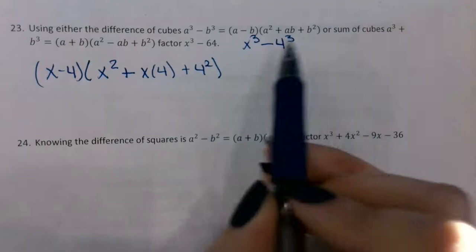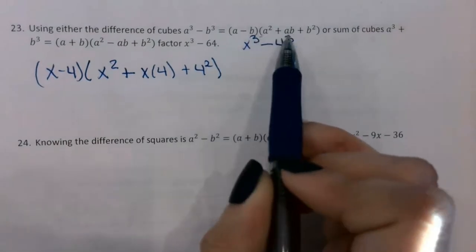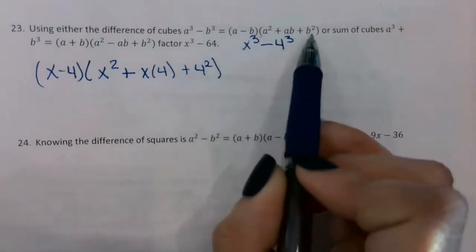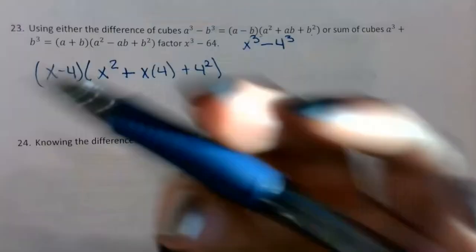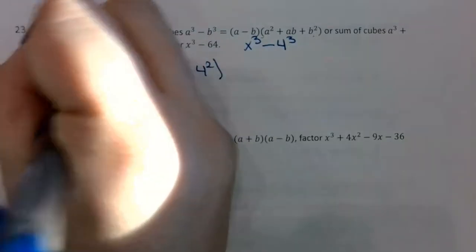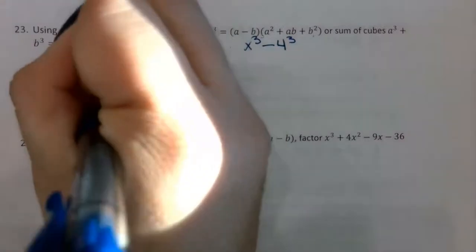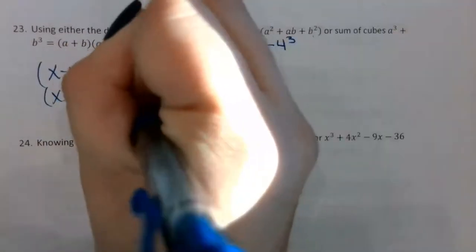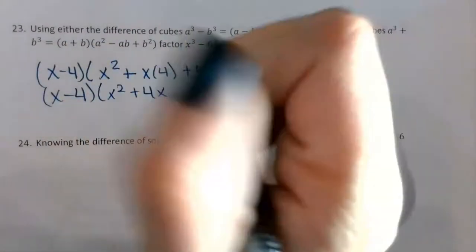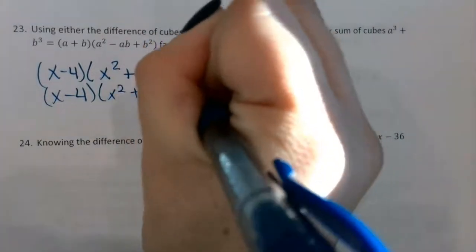So I just plugged straight into here. I went a squared, which was x, a times b, which is x times 4, b squared, which was 4 squared. Then I just simplify this, so I get x minus 4 times x squared, 4 goes in front of the x, and then 4 squared is 16.